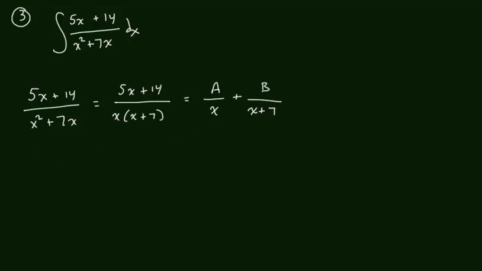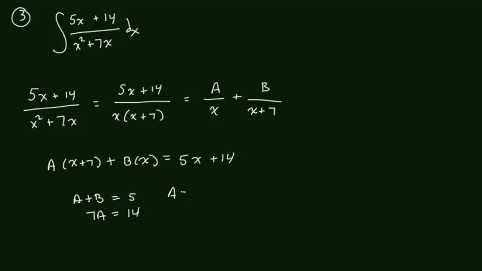Our numerator analysis, a times x plus 7 plus b times x equals 5x plus 14. That tells me that a plus b has to equal 5, and it tells me that 7a has to equal 14. Nice and easy one. A is equal to 2, b is equal to 3.